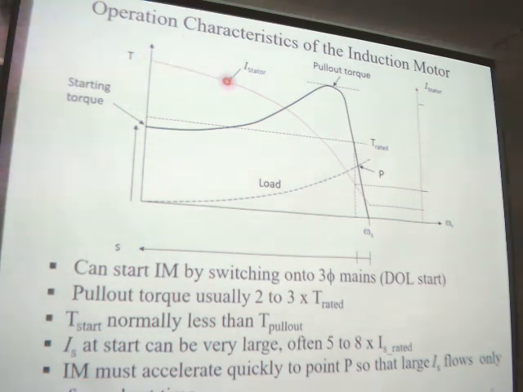In this red curve, here is the starting torque, and here is also the pull out torque. So we should understand this sentence: the pull out torque is usually 2 or 3 times the rated torque, but sometimes they can be equal. And the last one.